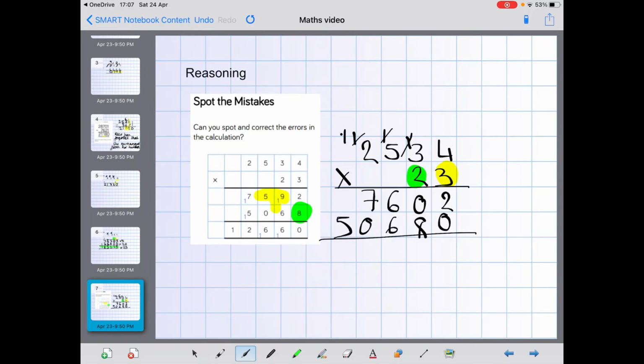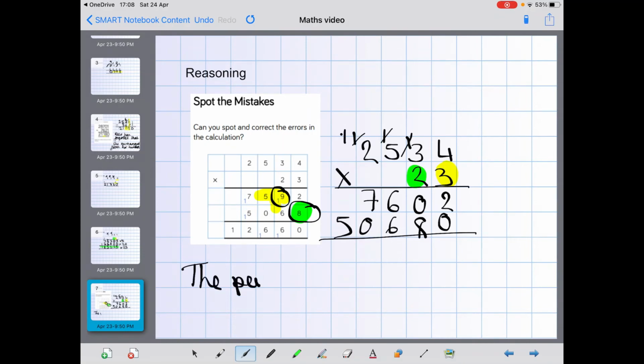So we can now note that the mistakes made are that the person has forgotten to add their carried digit in their tens column when multiplying by 3, and they have forgotten to add their placeholder. This is what we would expect the children to explain once they complete this question.